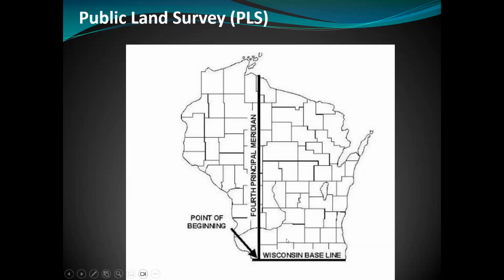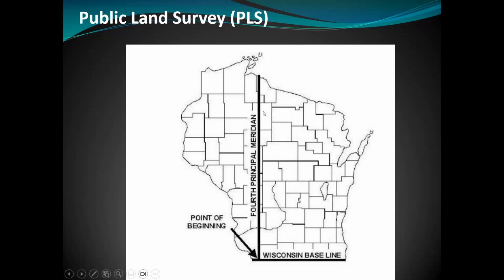So if I say township 24 north, range 16 east, I go 24 townships north, or I'm in the 24th block of six north, so 23 times six, whatever that math works out to. 138 north.